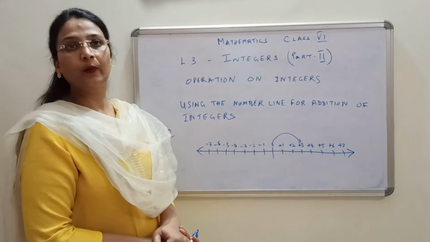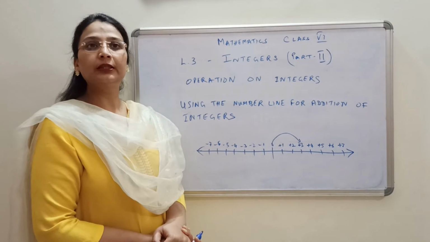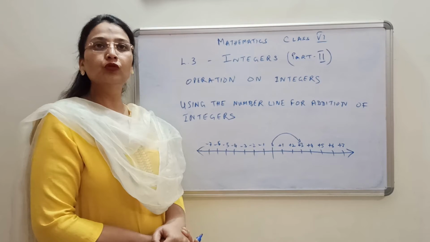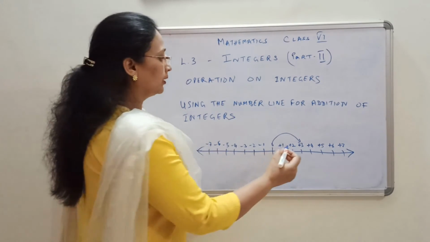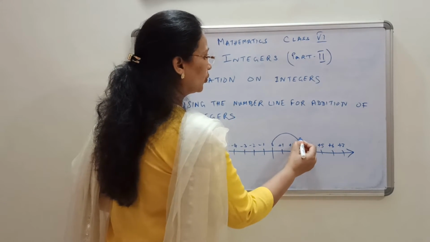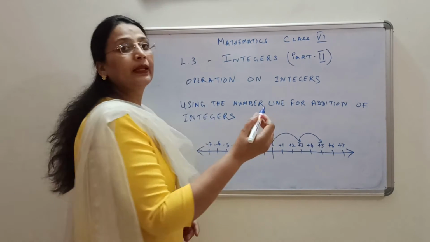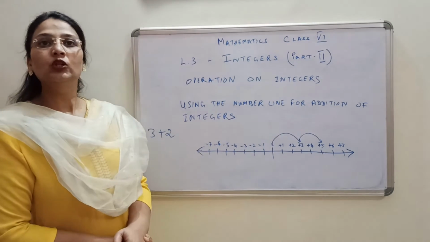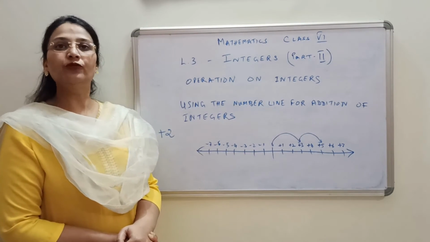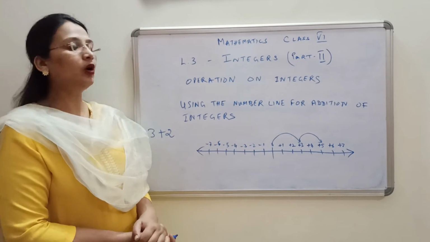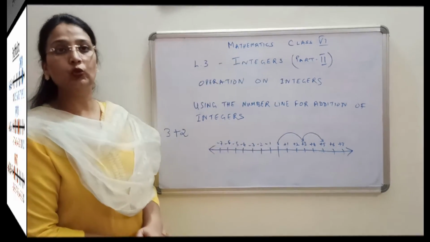Then move 2 steps further: 1, 2. That is 5. So you see that you reach 5, which is the solution for 3 + 2.